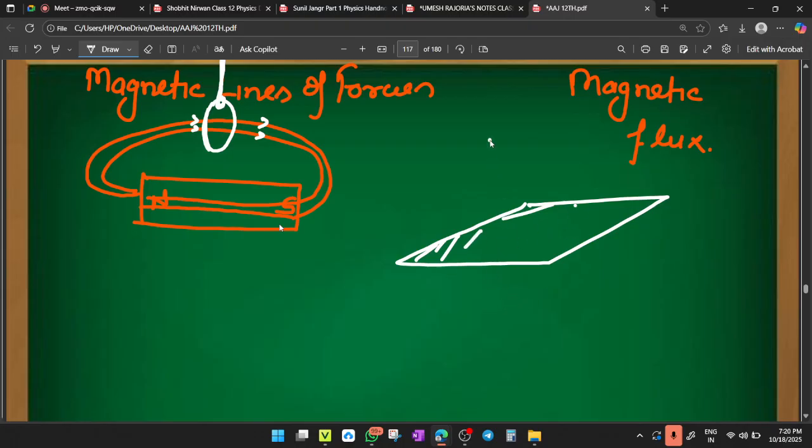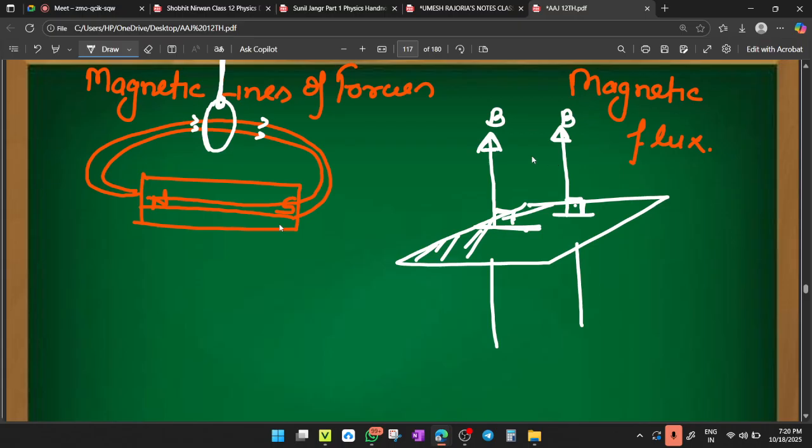So if I say there are two lines only, those are passing perpendicular to the surface. Clearly, you see here, these lines are passing perpendicular to the surface. So these lines contribute as magnetic flux.